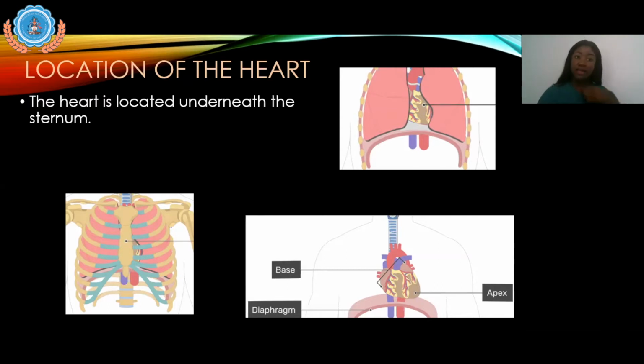And as it says, it's located underneath your sternum. If you are able to touch right here, this bone right here in the middle of your chest is your sternum. It is underneath that. That's why, if you go to the doctor, he or she places the stethoscope right here and tells you to be silent so he or she can hear your heartbeat.